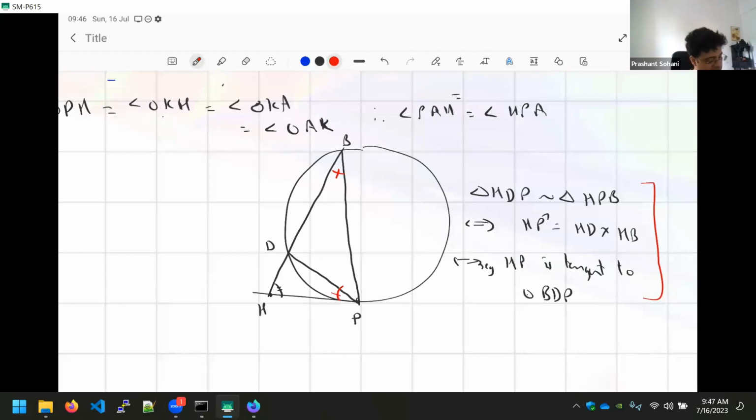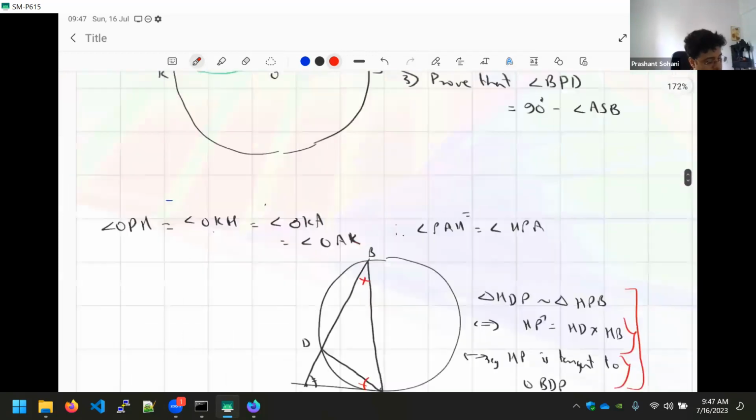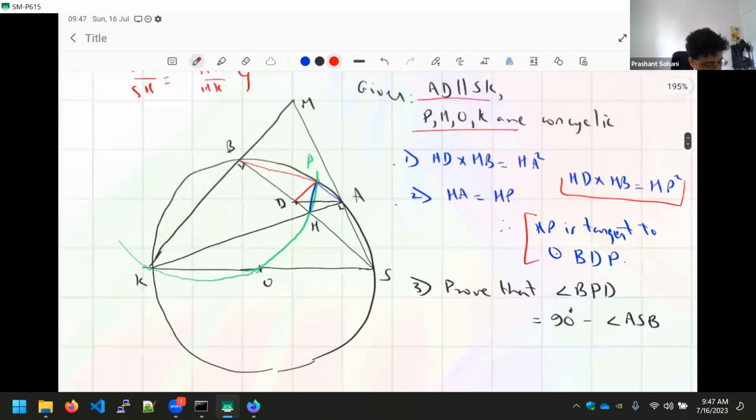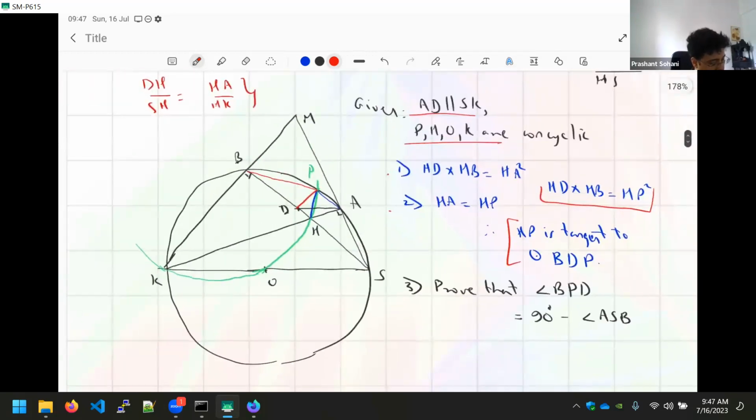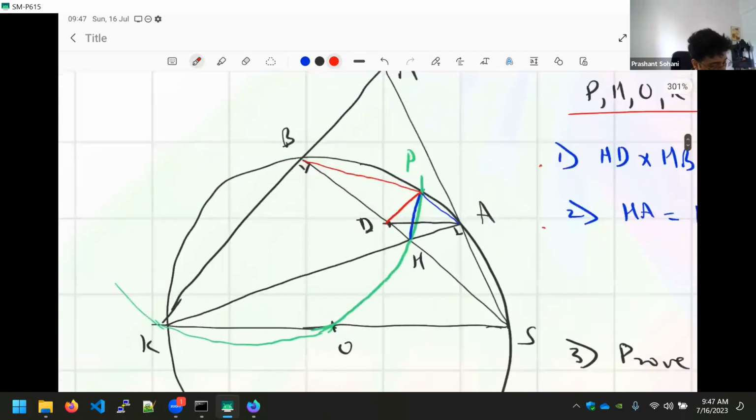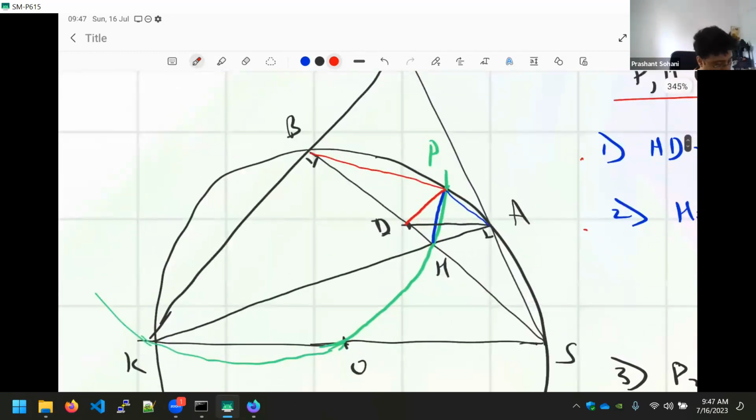Do you see that this is happening in our diagram also? In our case, we know these properties. We know that HP square is equal to HD into HB, or rather we have proved it already just now. So which triangles are similar and which angles can be marked as equal?